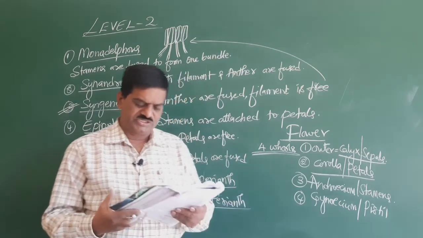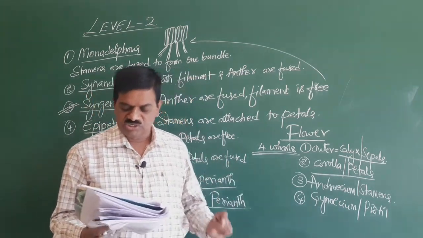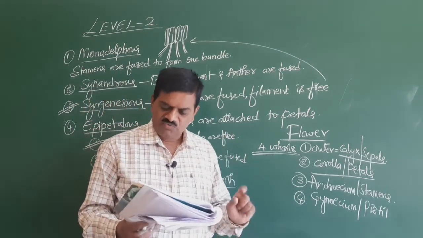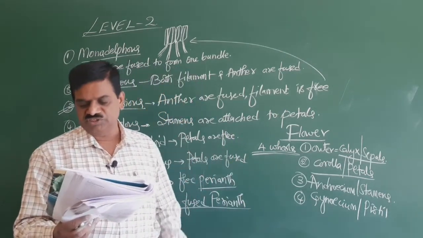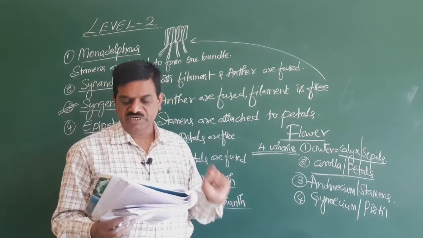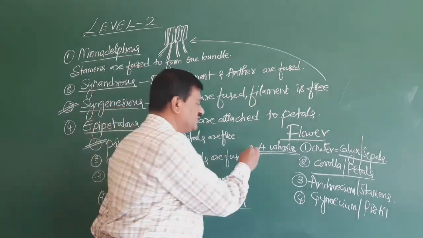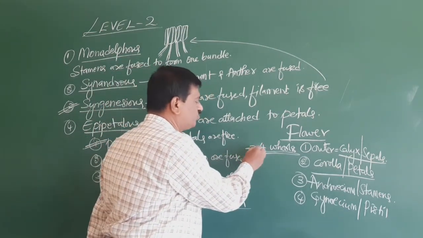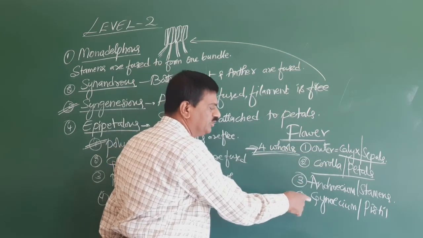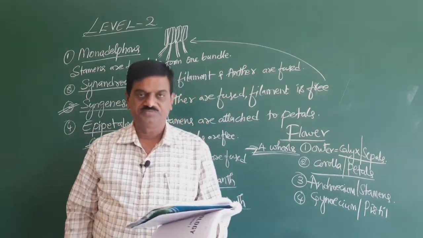The question is, flowers normally have how many whorls? The first option is 2, second option is 3, third option is 4, fourth option is either 1 or 2. But here the right option is 4. So the third option is right because 4 whorls are present: calyx, corolla, androecium and gynoecium.